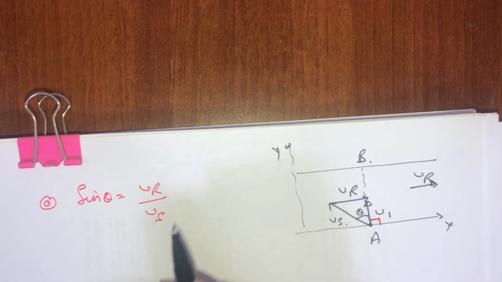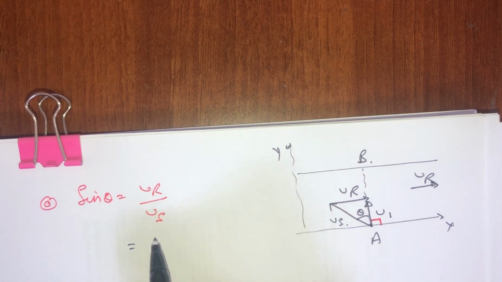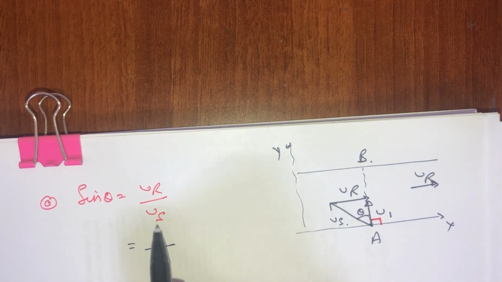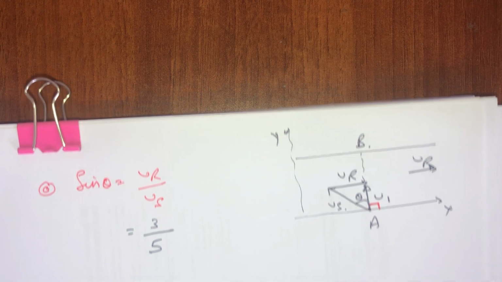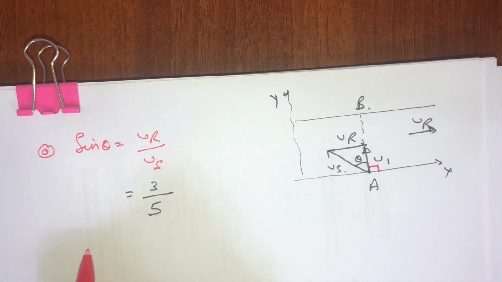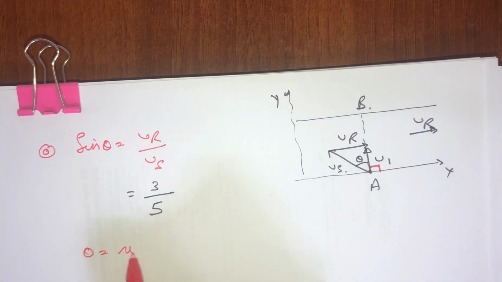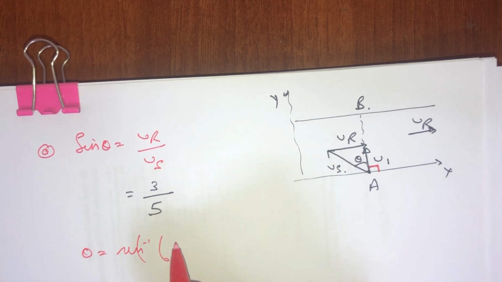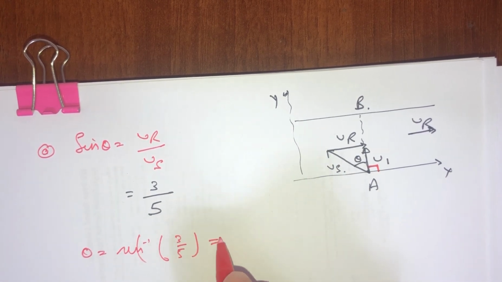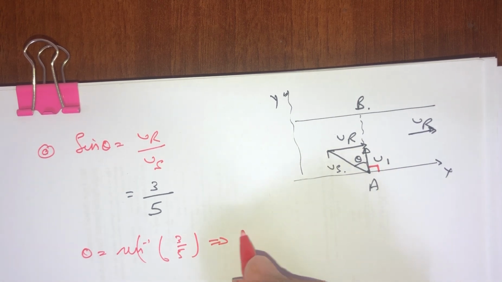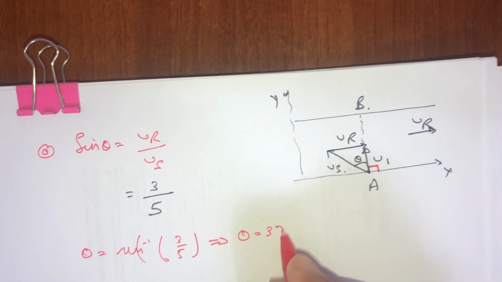The velocity of the river is given as 3 and the velocity of the swimmer is given as 5. So theta will be equal to sine inverse 3 by 5, which implies that theta is approximately 37 degrees.